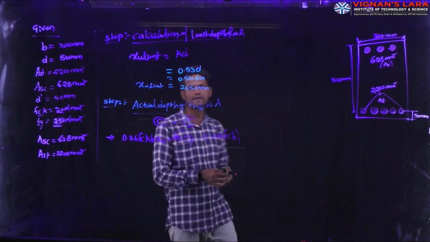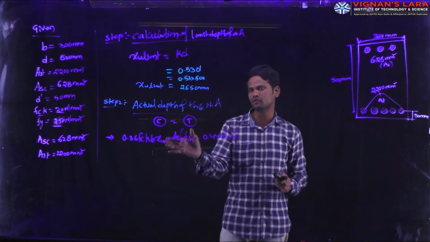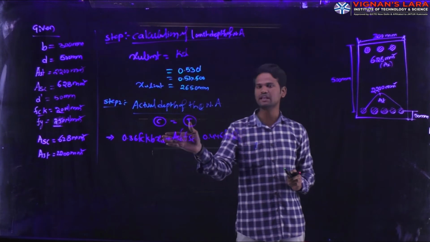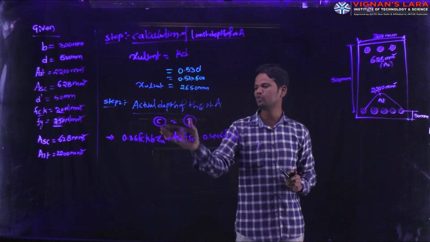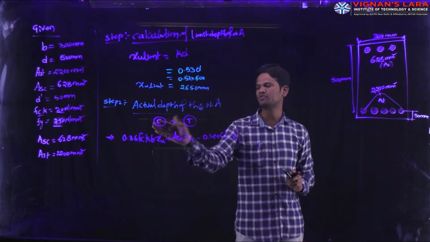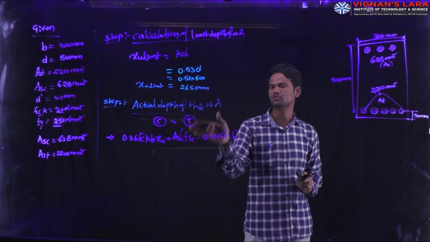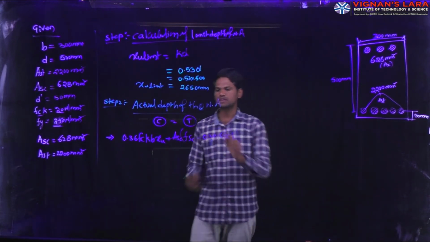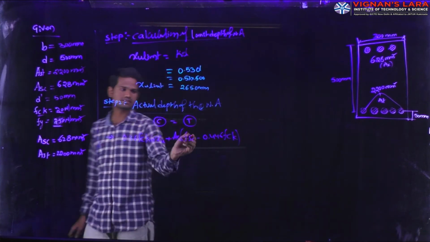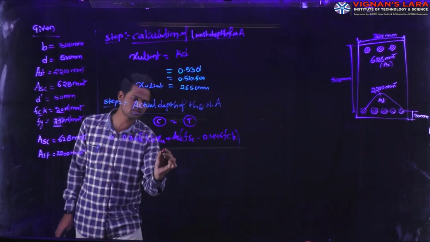This is the formula for total compressive force for a doubly reinforced beam. When equating compressive force to tensile force, we take 0.36 into FCK into B XU, and for a doubly reinforced beam we introduce one more term, ASC into FSC minus 0.446 into FCK. This is the total compressive force value.